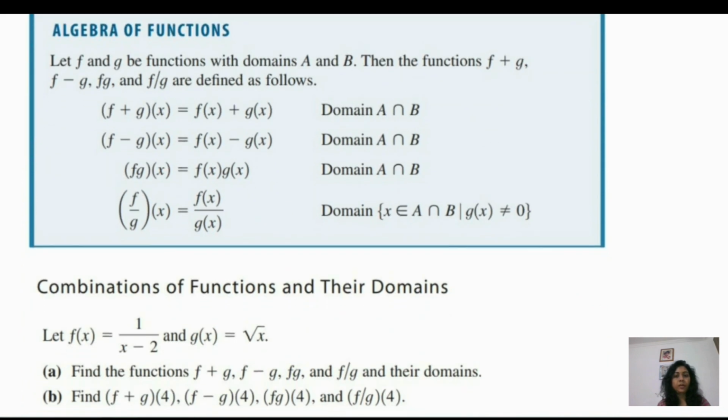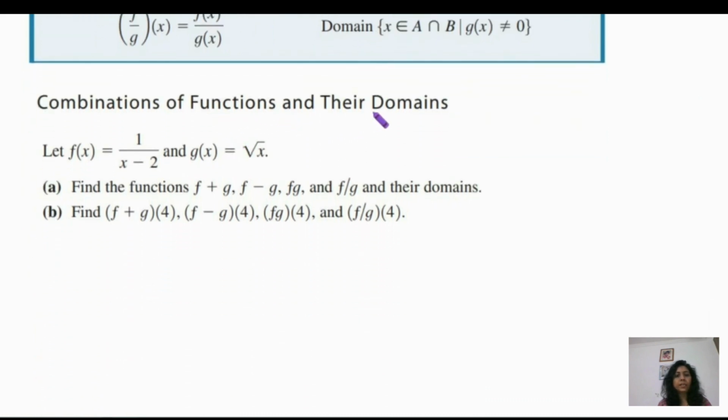And here the domain is A intersection B. Okay. (fg)(x) equals f(x) multiply g(x). (f upon g)(x) equals f(x) upon g(x), and here g(x) is not equal to 0. x belongs to A intersection B and g(x) not equal to 0, because if g(x) is 0, then this is not defined.